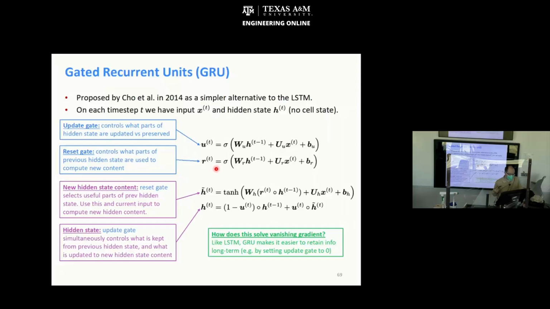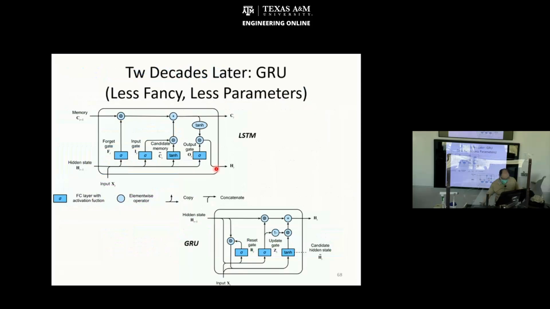So what part of the current and what part of the previous hidden state? Remember, there's no cell state anymore. So let's again compare. There's no cell state, so I only have the hidden state from the previous time point together with the input.